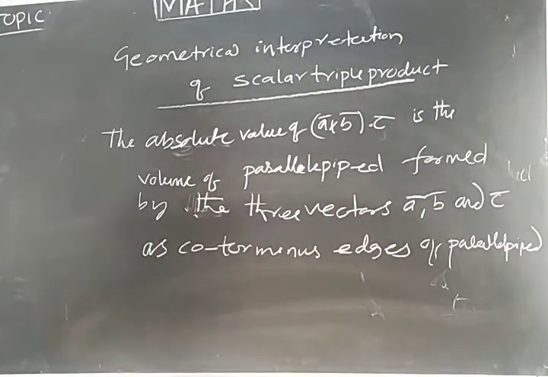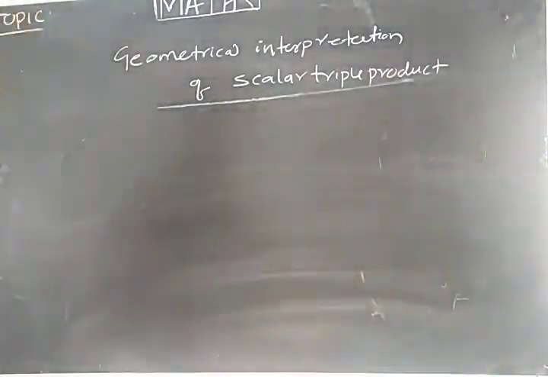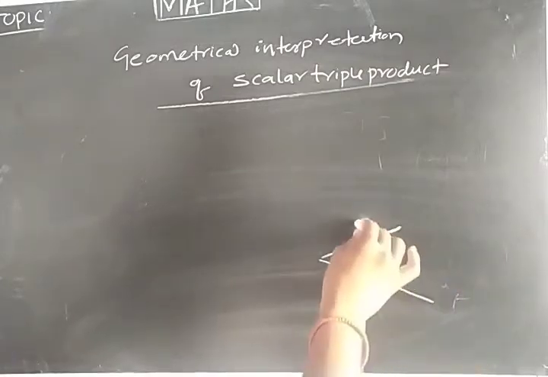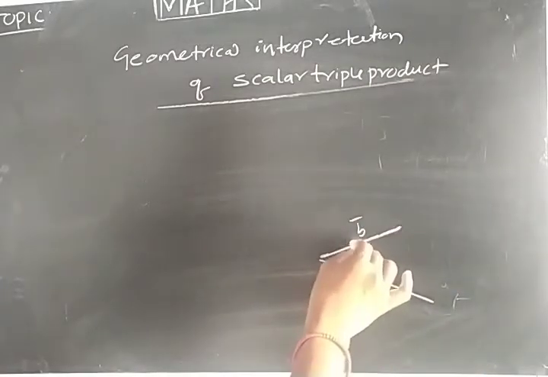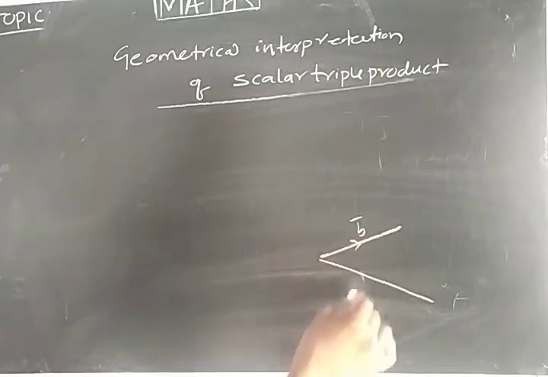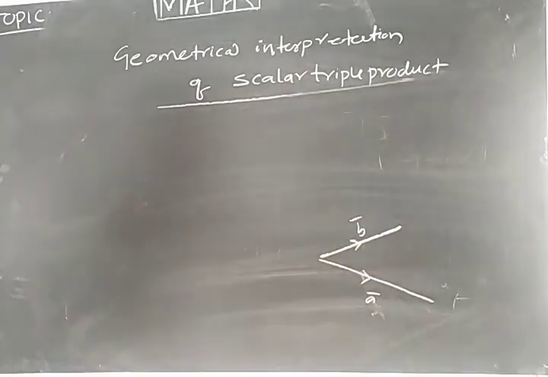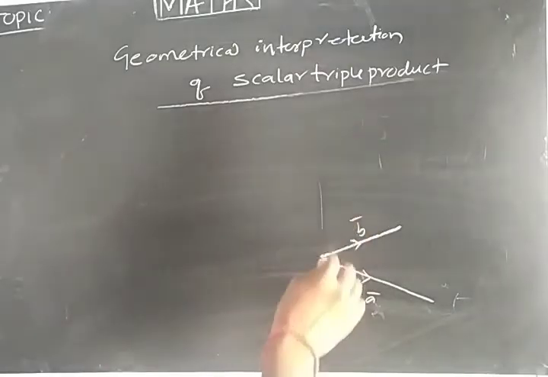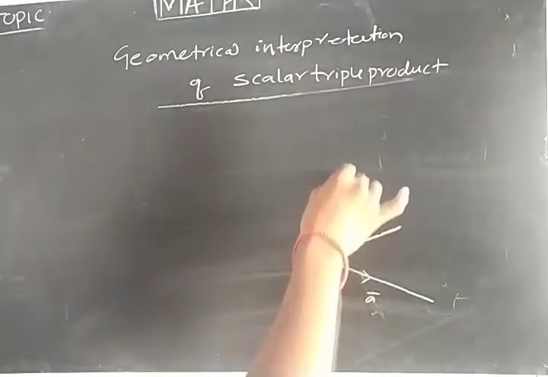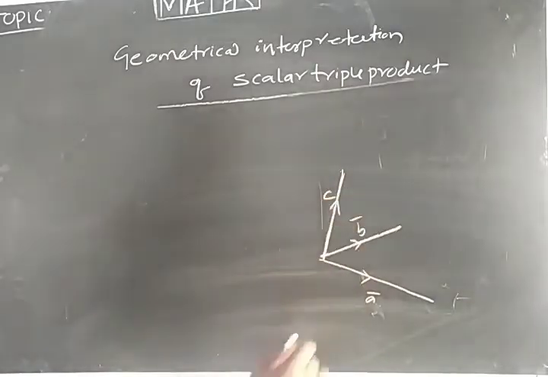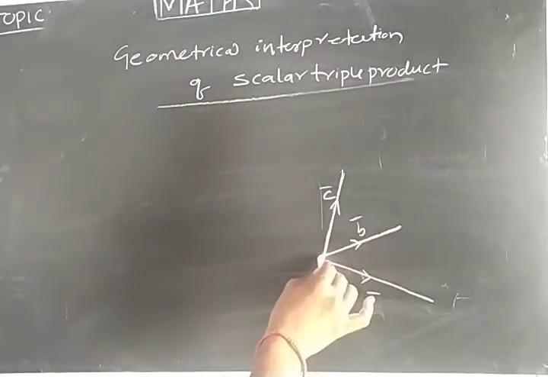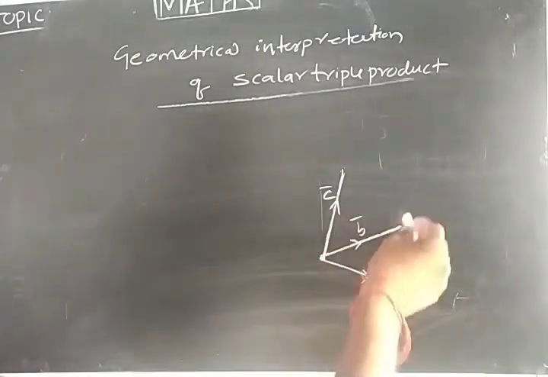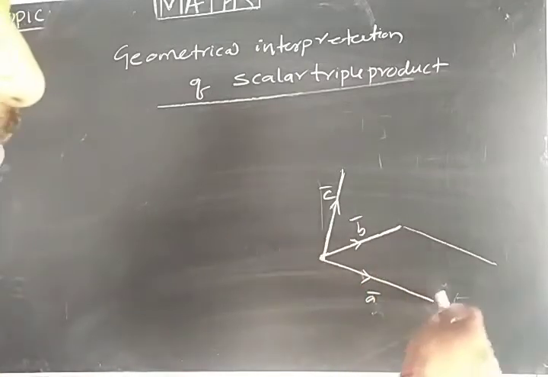What is a parallelepiped? Here I will explain. I am taking three vectors like this. Suppose this is B bar, the direction of this is the A bar vector, and I am taking one C bar vector like this. A bar, B bar, C bar pass through one corner, so they are called coterminous. Using these edges I am forming the parallelepiped.